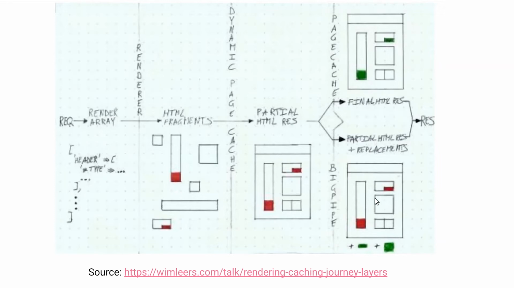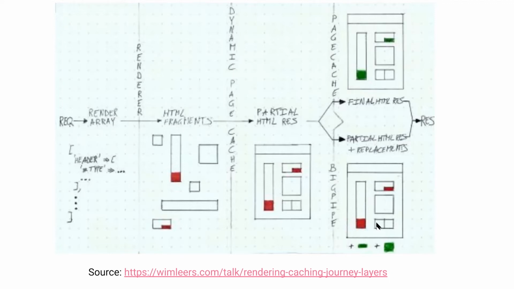Basically we return this partial response directly to the browser without replacing the placeholders. Then there is a TCP connection which is kept open between the browser and the server, and the browser constantly communicates with the server to get the response for the placeholders.